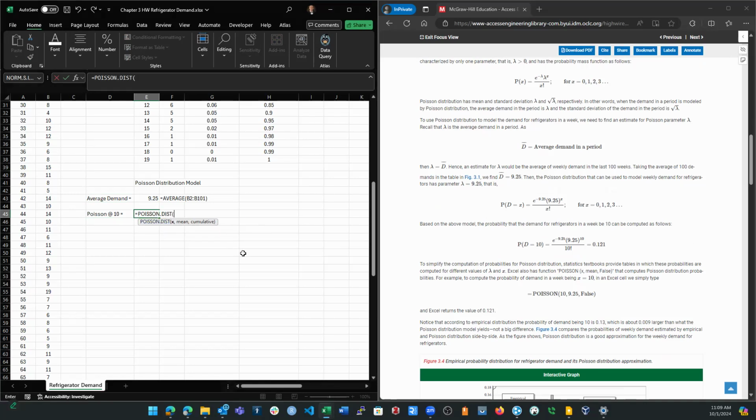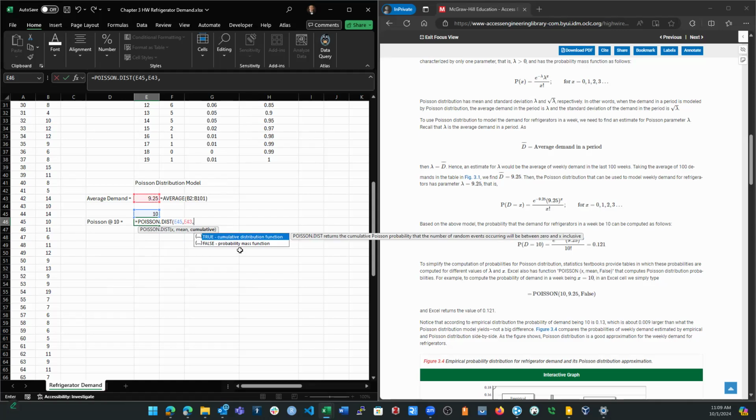And our X here is 10. In fact, let me go ahead and put 10 here. Move this down so I can reference that. The X is 10. What's our mean? Our mean is 9.25. And the question is, are we going to do cumulative or are we going to do just the probability mass function? The probability mass function is just at that 10, at that X level.